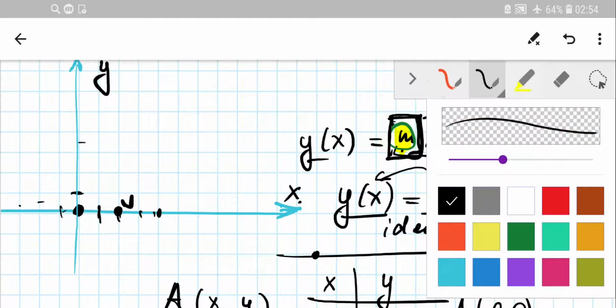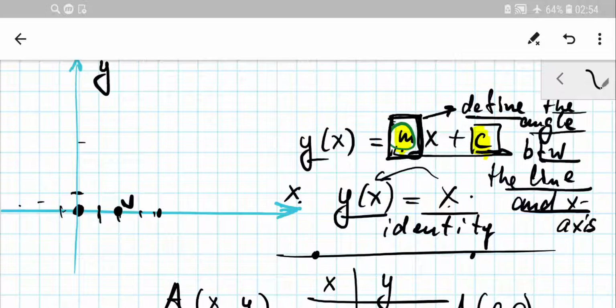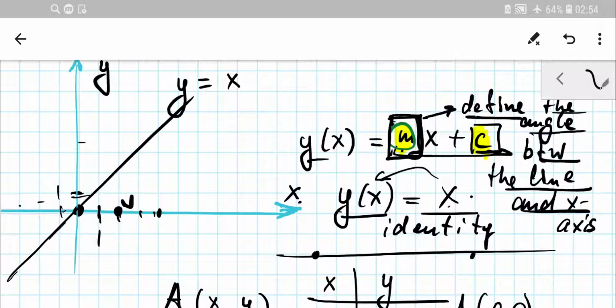And we want to define the influence of c on the line. For this reason, I would like to present this line as the basic line, the identity line, right? This one, where 1 corresponds to 1, okay? But we add some value c to this line.